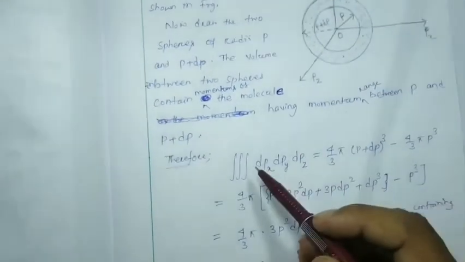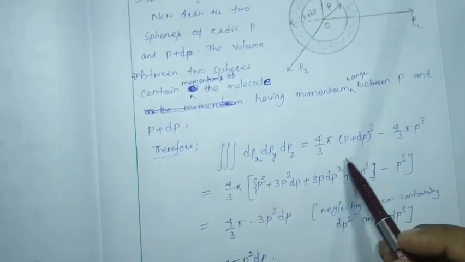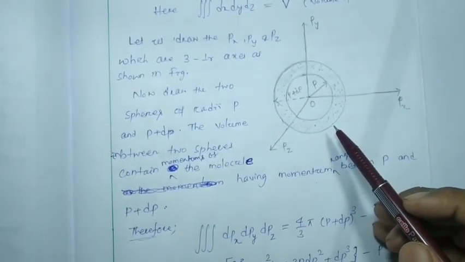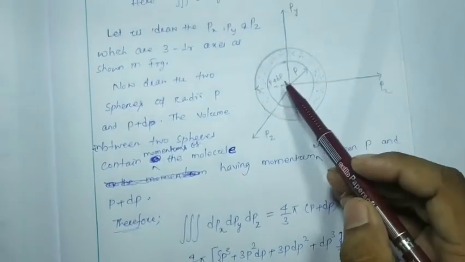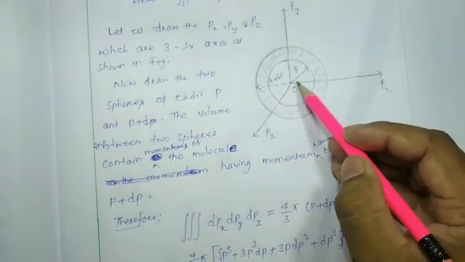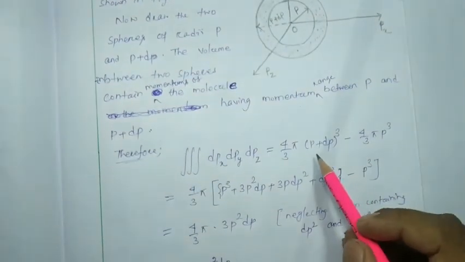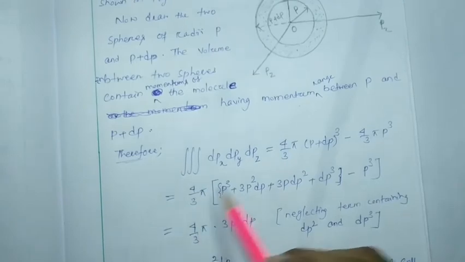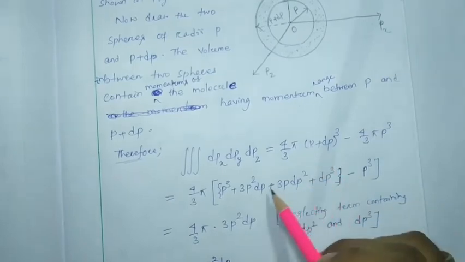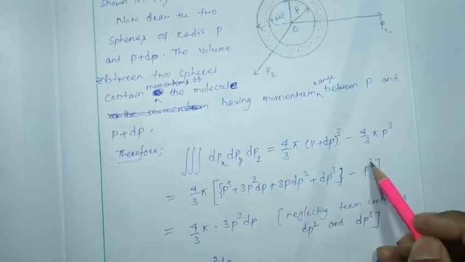Therefore, the triple integration of dpx, dpy, dpz will be the volume of the larger sphere, 4/3 pi (p plus dp) whole cube, minus 4/3 pi p cube, since the radius is p. Here 4/3 pi can be taken outside. (a plus b) whole cube gives p cube plus 3p square dp plus 3p dp square plus dp cube, minus p cube.